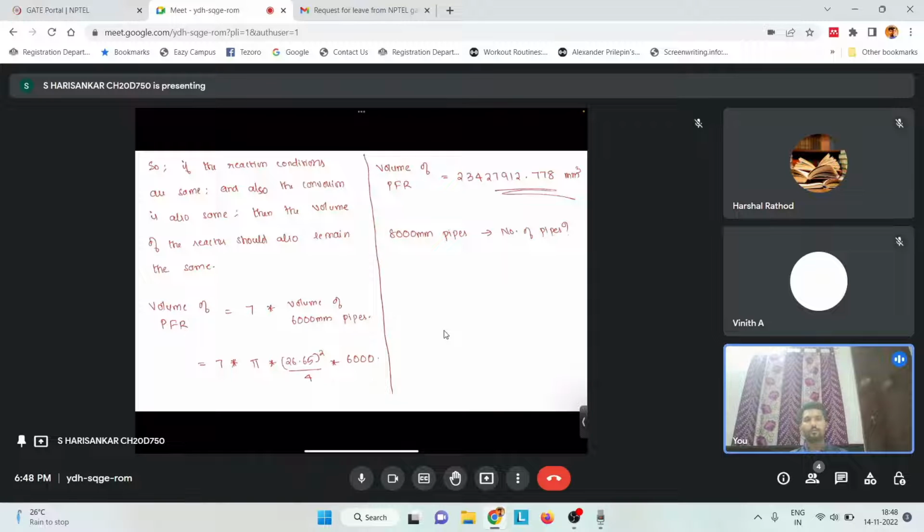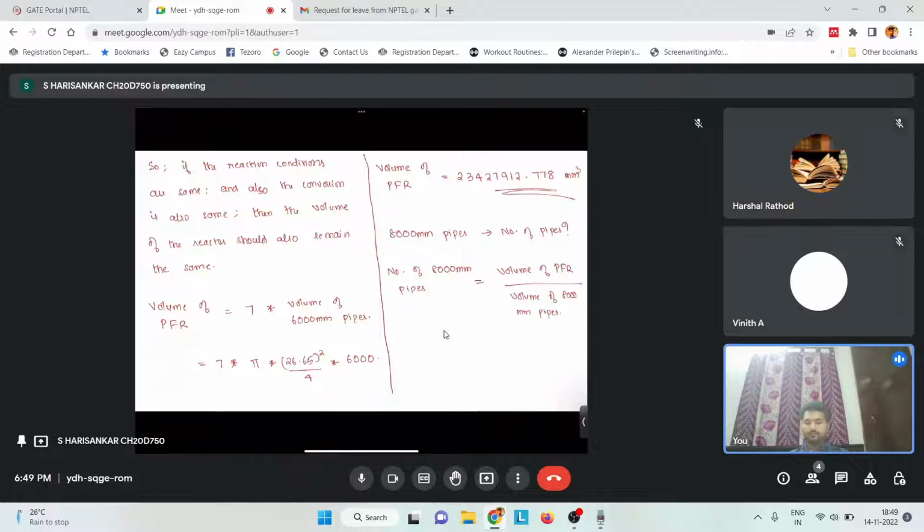For that, what we can do is, the number of 8000 mm pipes will be equal to the volume of the PFR by the volume of the 8000 mm pipes.